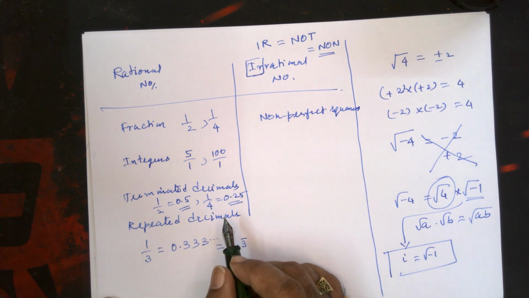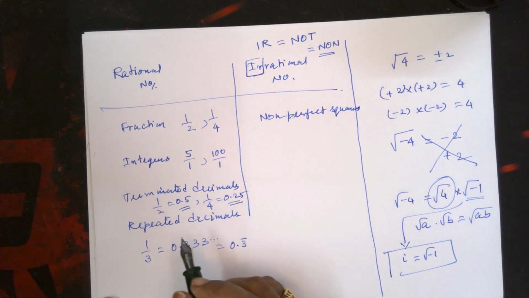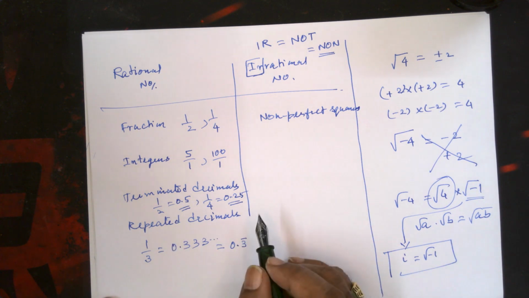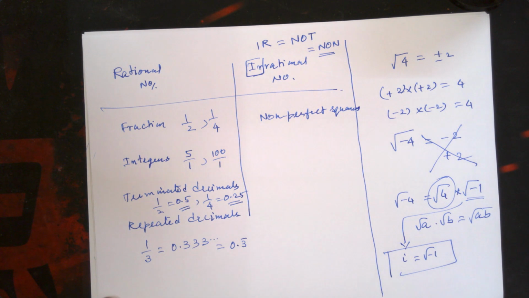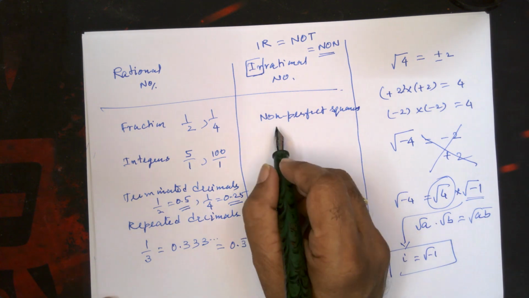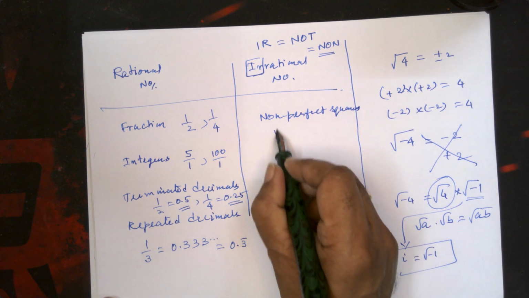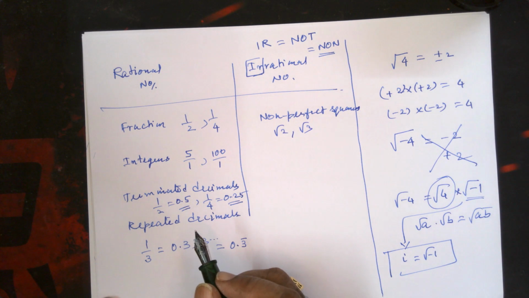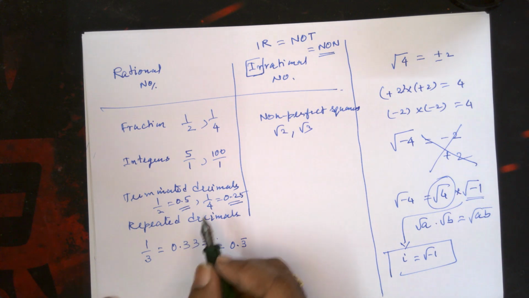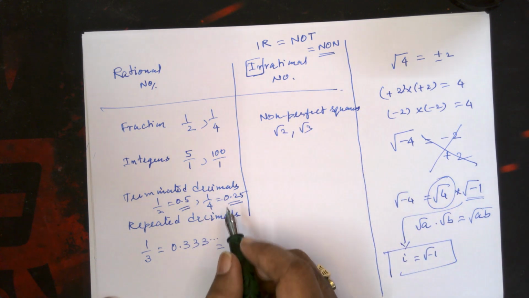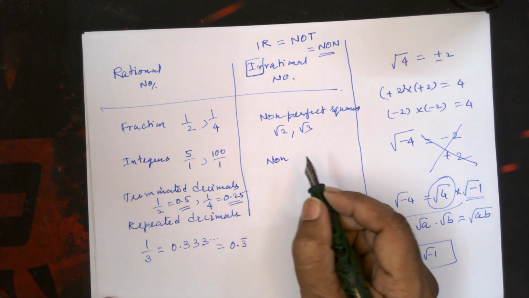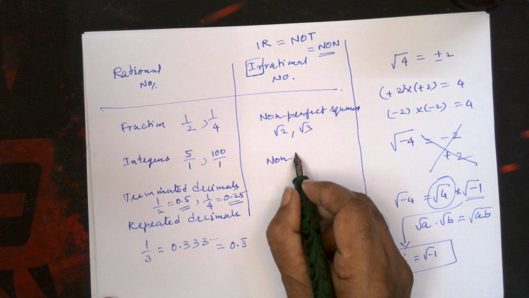Similarly, root 2, 1.4 and so on. It will go on. And the pi value, 22 by 7, that is also going on. 3.14 etc. It will move. So root 2, root 3, these are all called irrational numbers. Do you understand? Why are they called irrational numbers? Because they result in non-terminated decimals.